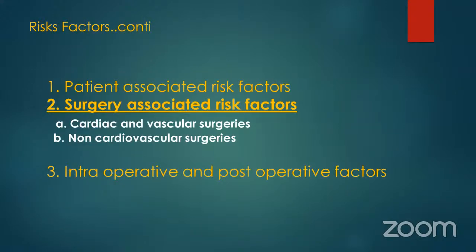The surgery-associated risk factors can be divided into 2 groups, cardiac and non-cardiac surgeries. We divide them because acute kidney injury related to cardiac surgery is studied extensively, so it's better to mention cardiac and non-cardiac under separate headings.